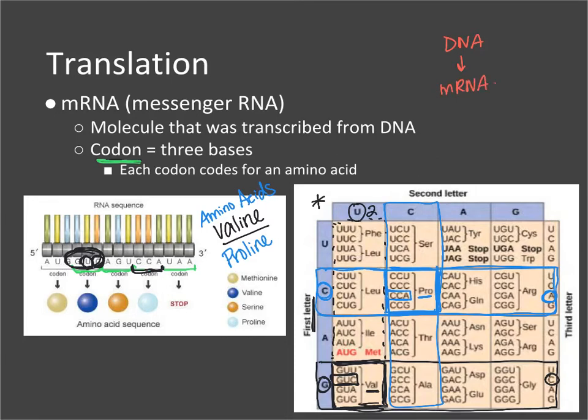The ribosome exposes one codon at a time, and each codon codes for the location of an amino acid. And a chain of amino acids is what gives you a protein.